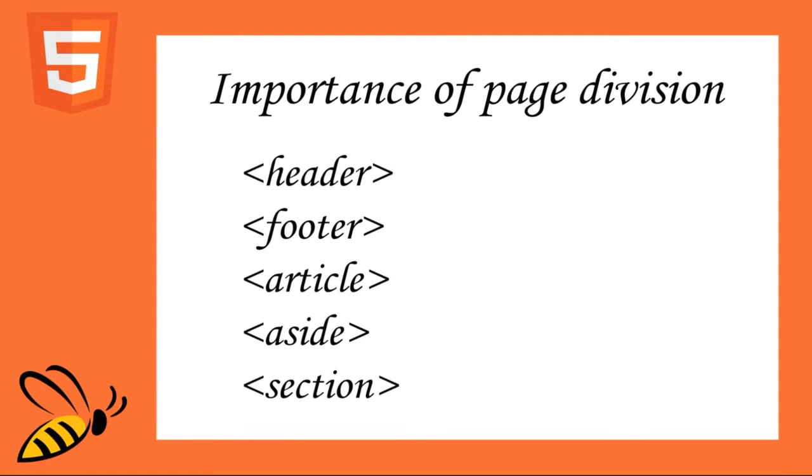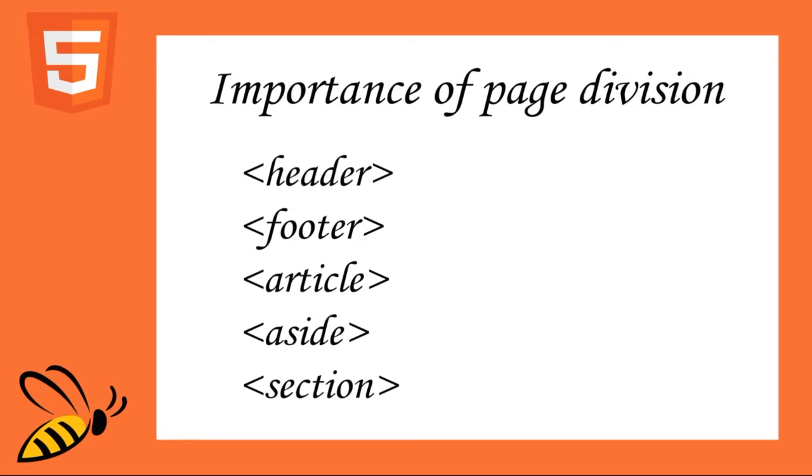Now we are going to see what page division is and why page division is important. Page division is nothing but, in the first video, I showed you about the div section. A div section is a group of work with a head name.